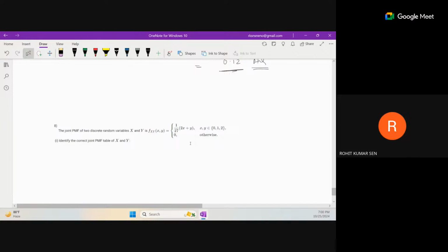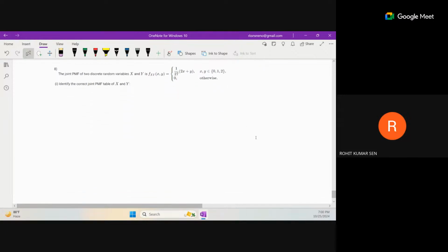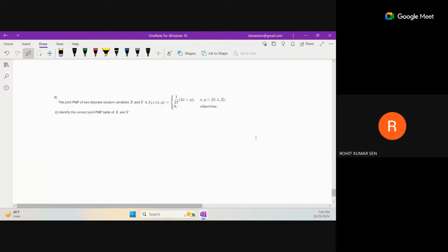So you need to solve this question. How will you solve it? f(x,y) is given: 1 by 27 times (2x plus y). Okay, so this is the value given to me.